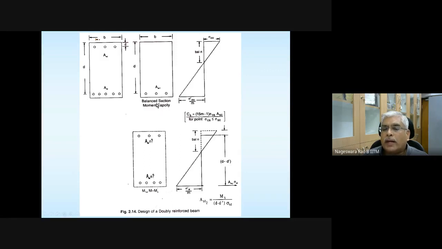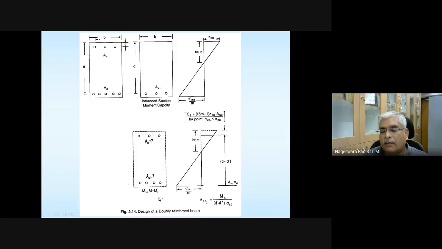The difference between the moment it has to resist and the moment carrying capacity of the balanced section, we are going to find out. For that, we are going to put some additional compression steel and additional tensile steel. That is what is written here for the balanced moment.